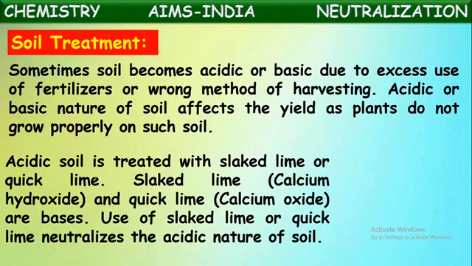Use of slake lime or quicklime neutralizes the acidic nature of soil. Yes, if a soil becomes acidic, then to neutralize the excess acidic nature of soil, we use some bases like calcium hydroxide, which we commonly call slake lime, or calcium oxide, which we commonly call quicklime.